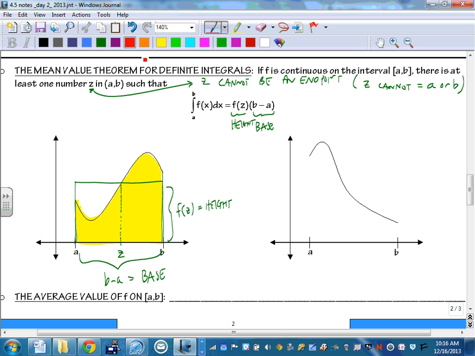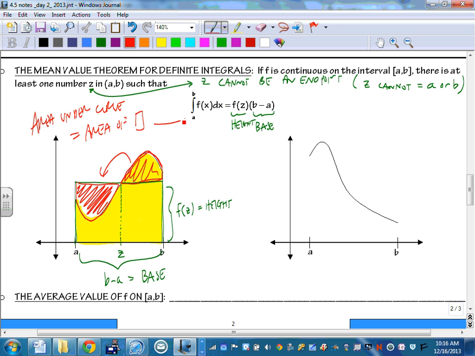And think about what would happen if we took this portion right here, cut it off, spun it around, and fit it right in here. This piece, if we put it right here, would create this rectangle. So the area under the curve equals the area of the rectangle. That's what this formula is basically saying.